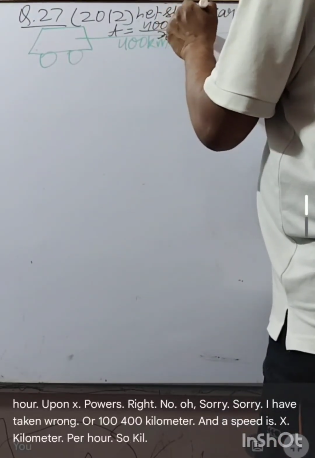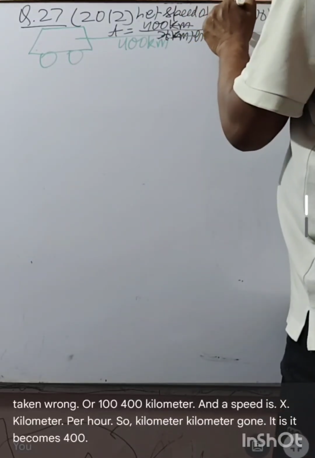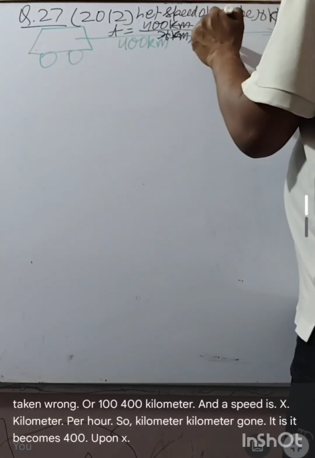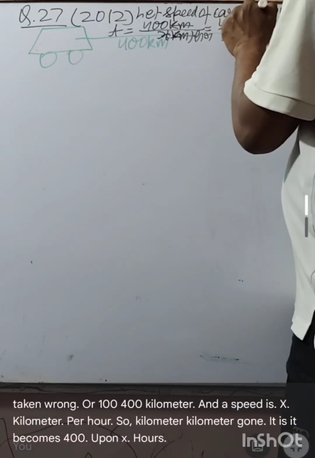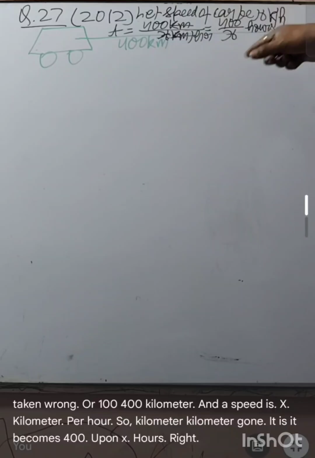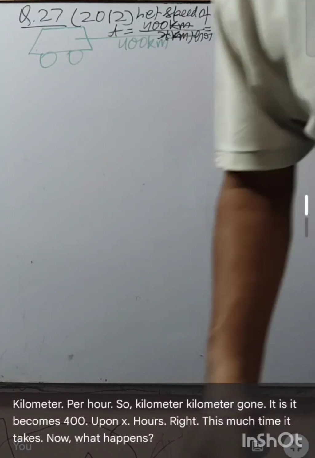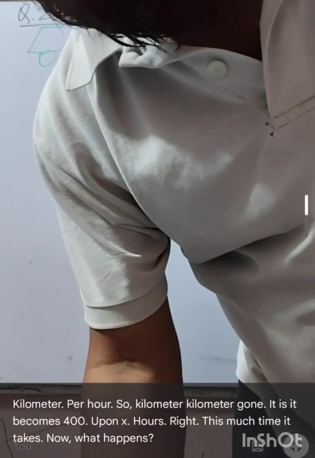So kilometer gone, it becomes 400 upon x hours, right? This much time it takes. Now what happens?